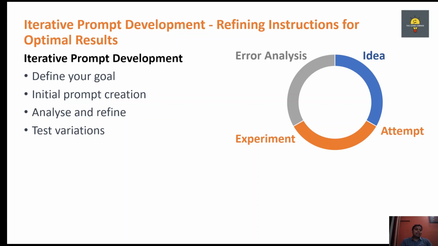The fourth principle says test the variations. Creating different prompt variations and comparing the results will help you get refined outputs. Experiment with phrasing or question and answer, or you can provide additional context to optimize the model's understanding and output quality.